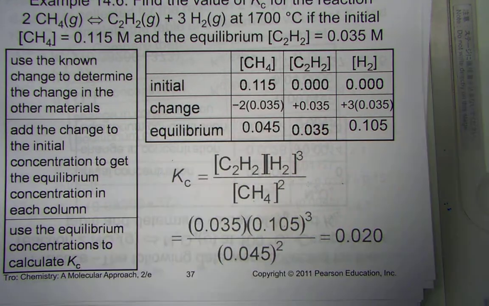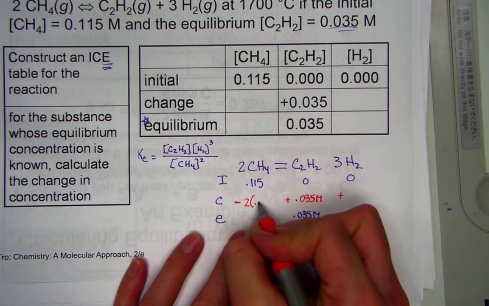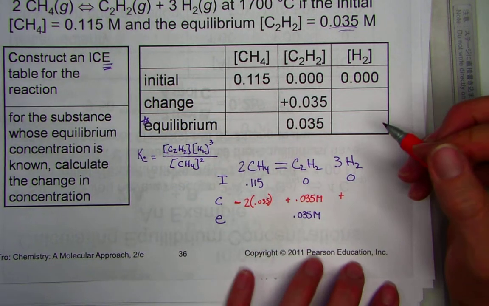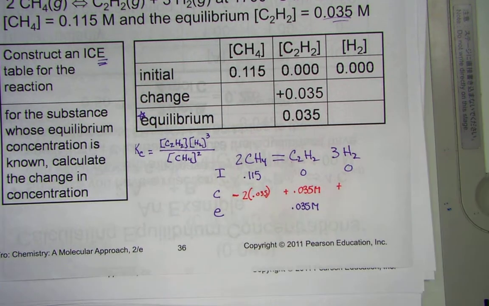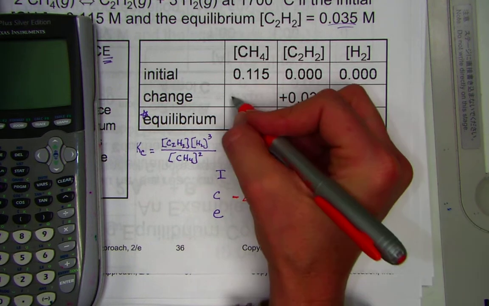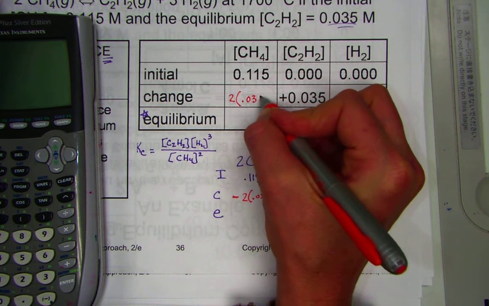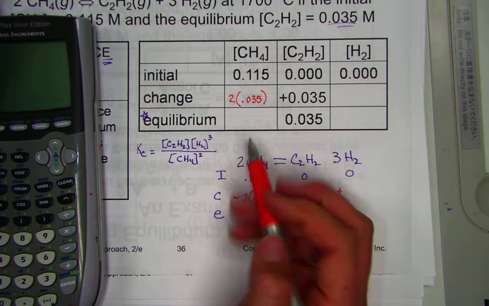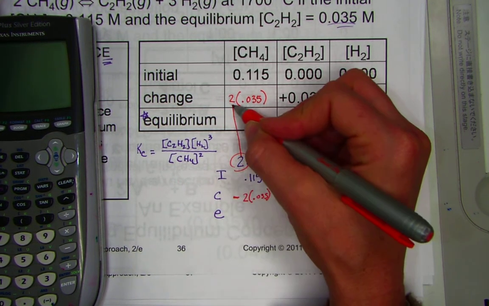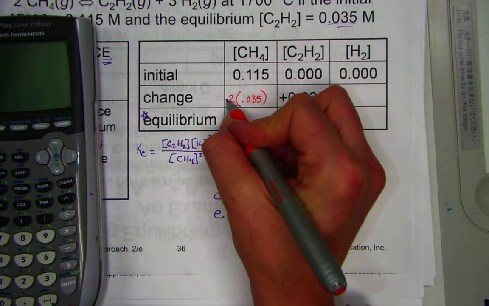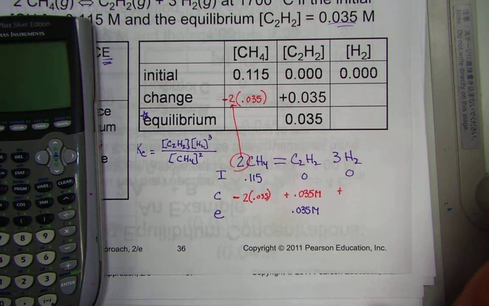So put the coefficient and we get 0.07 of the original reactant consumed. So the change would be twice of what was made here, because of the coefficient 2. And it's negative because reactants get used.